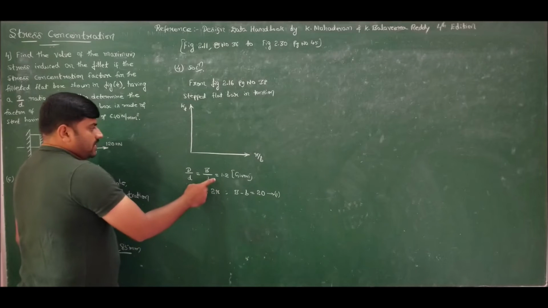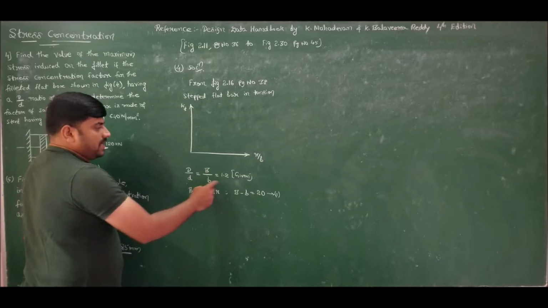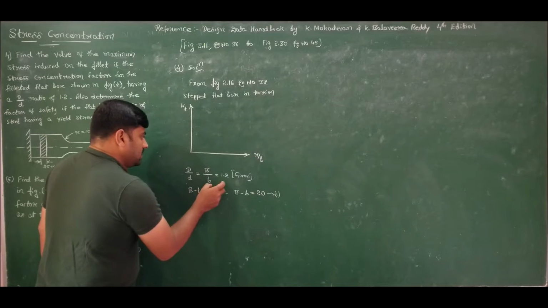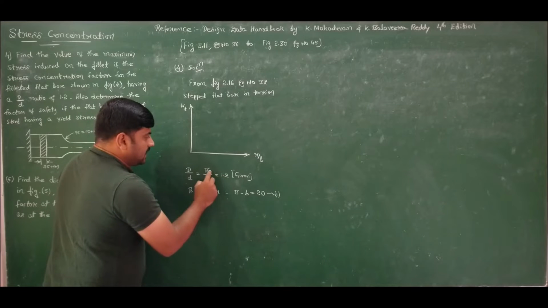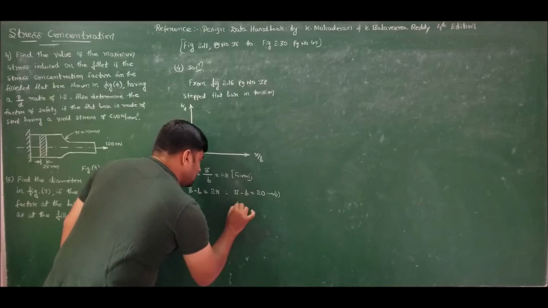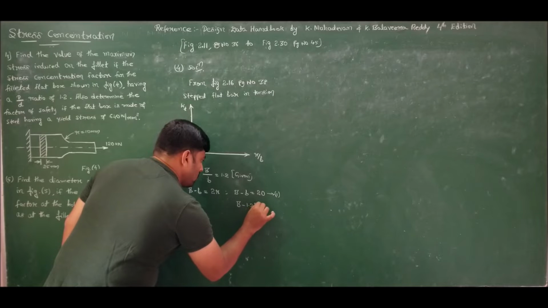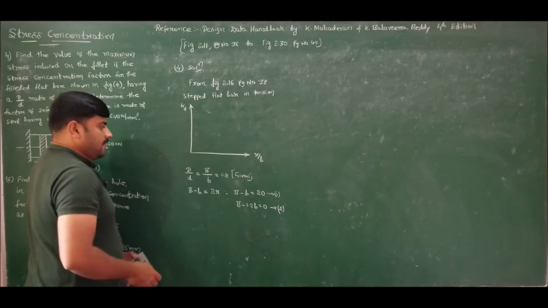We have one more given equation. Therefore I can write B is equal to 1.2b, or rearranging it, B minus 1.2b is equal to 0, from the given data.